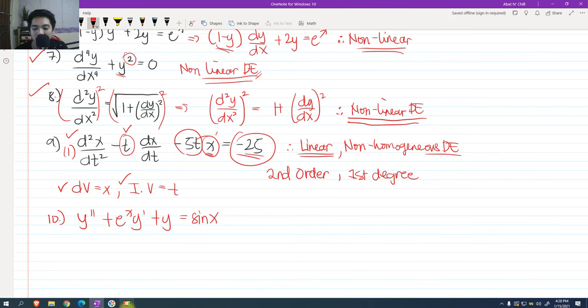Is it linear, homogeneous, non-homogeneous? Is it non-linear? If it's non-linear, we don't care if it is homogeneous or non-homogeneous, so just classify the degree and the order. If it's linear, then homogeneous or non-homogeneous.